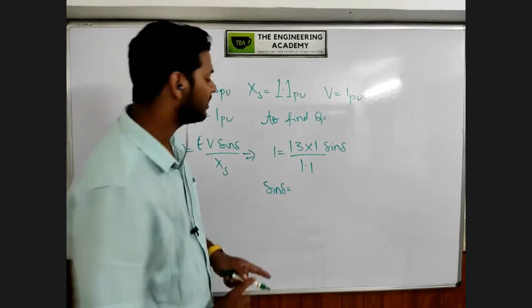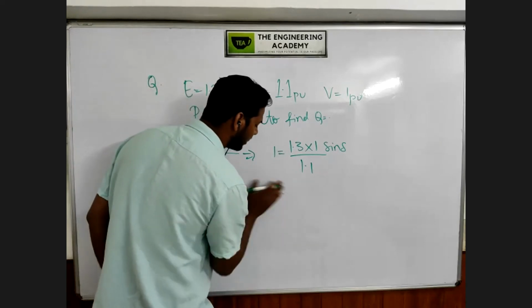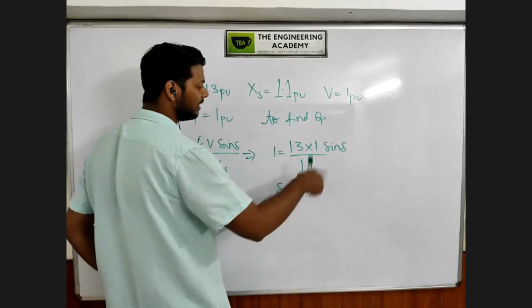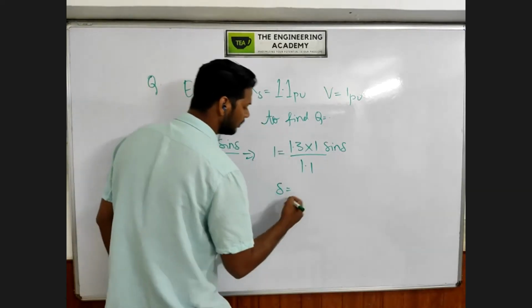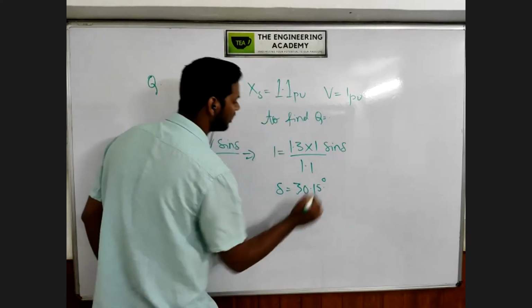From this we can find sine del. I am directly writing the value of del. If you solve this and take the sine inverse, you will get the value of del as 30.15 degrees.